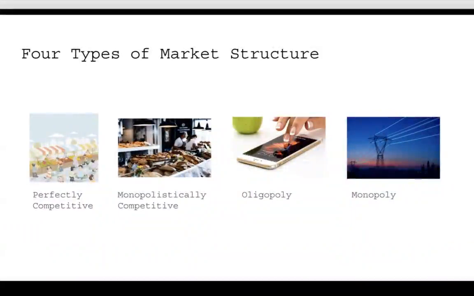Oligopolies feature a few dominant players, often seen in industries like telecom. Finally, monopoly exists when a single seller controls the market, such as a utility provider. These structures influence pricing and competition levels.